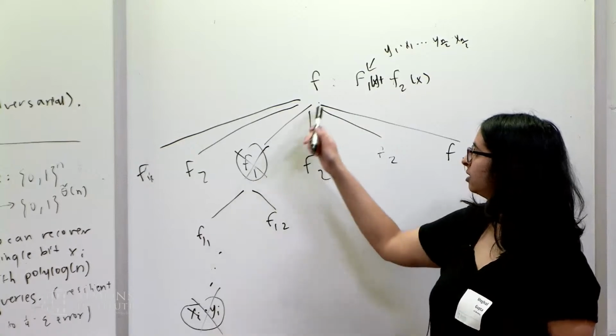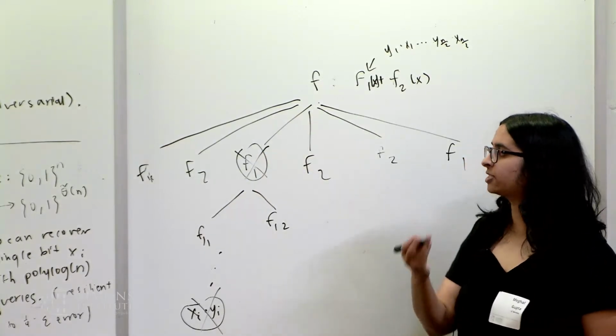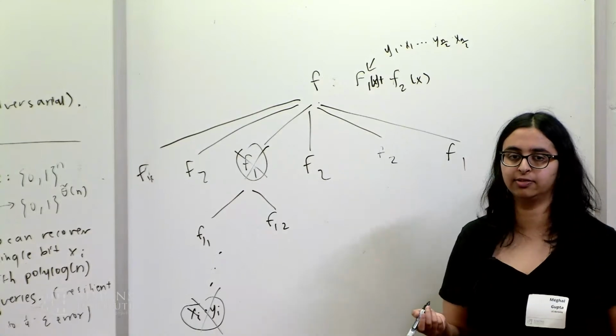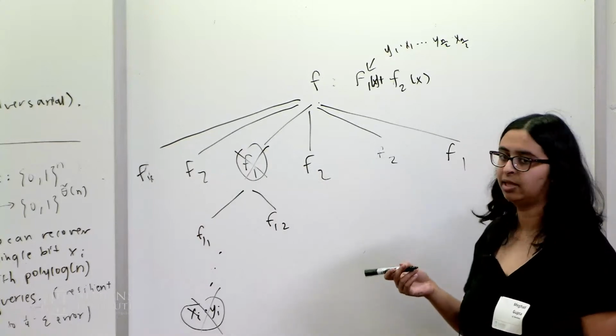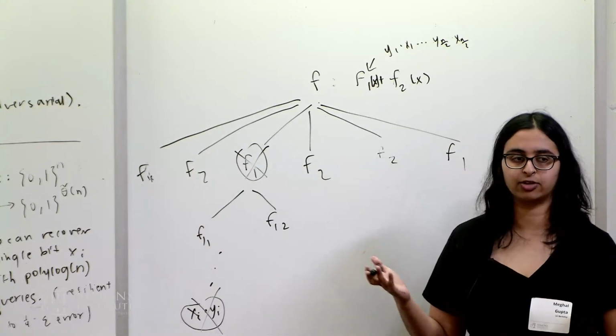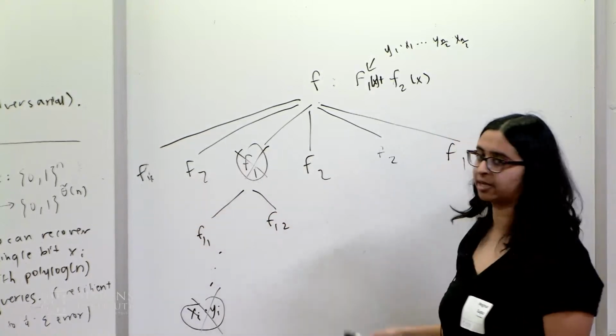Bob is going to have a lot of leaves in this tree. We'll specify the exact amount later, but let's say log n leaves. He's going to compute f1 half the time and f2 half the time in some randomized way that the adversary has no idea of. So the adversary cannot concentrate errors on only f1 or only f2.